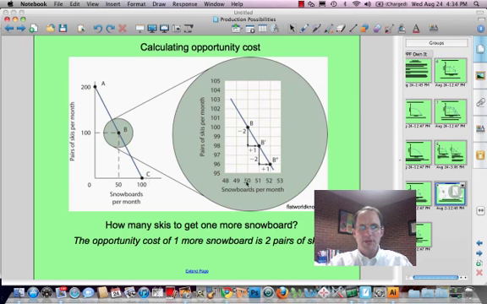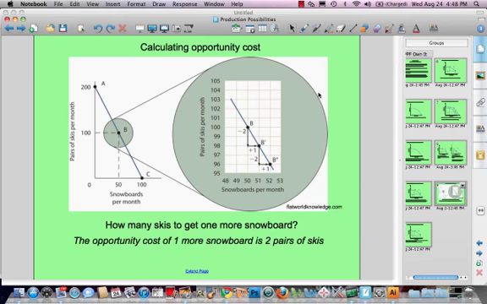Well, in order for us to go from 50 to 51 snowboards, the opportunity cost of doing that, again, the item on the horizontal axis, is, in this case, 2 pairs of skis. Again, the opportunity cost of 1 more snowboard per month is 2 pairs of skis.